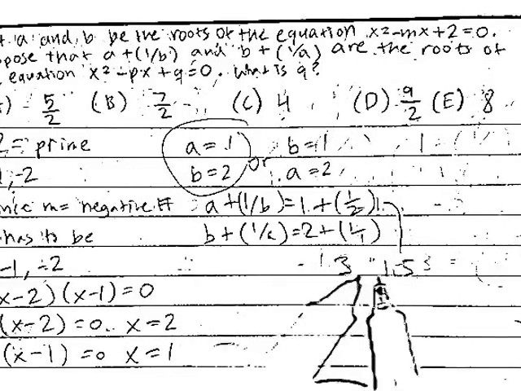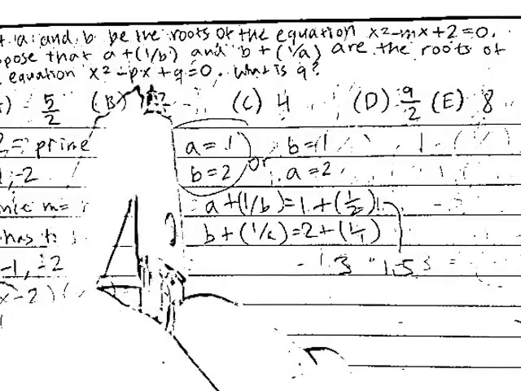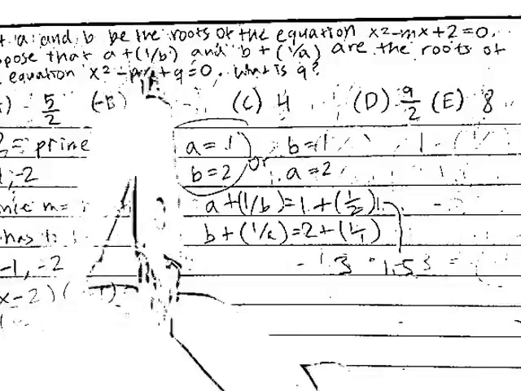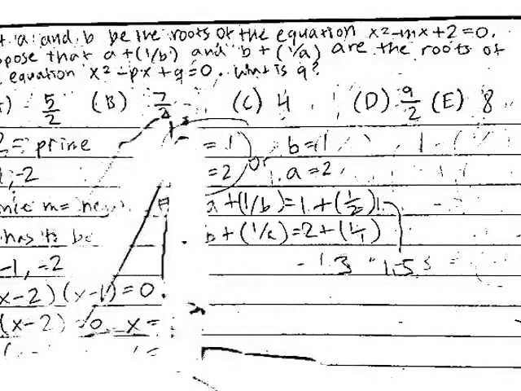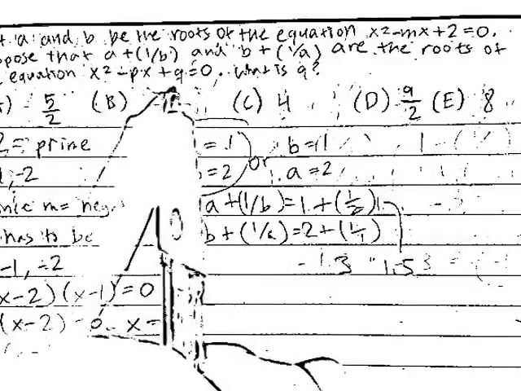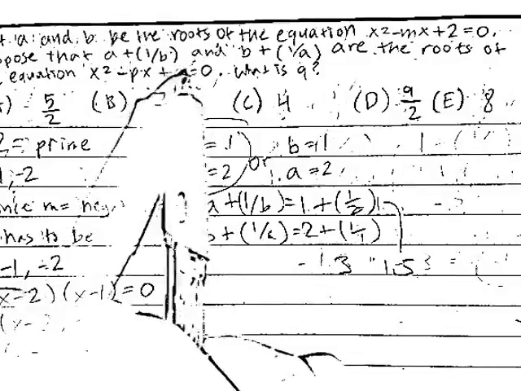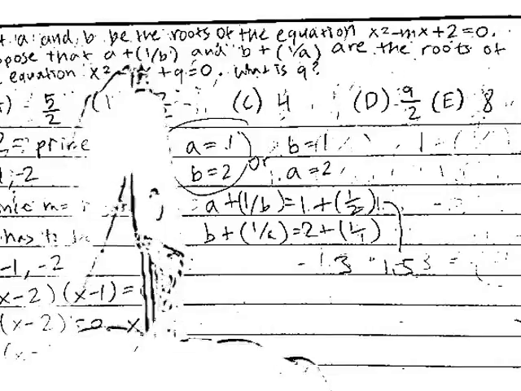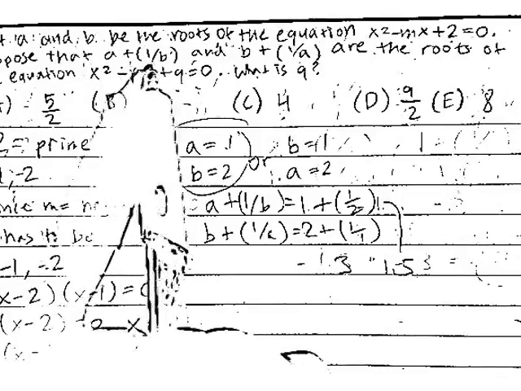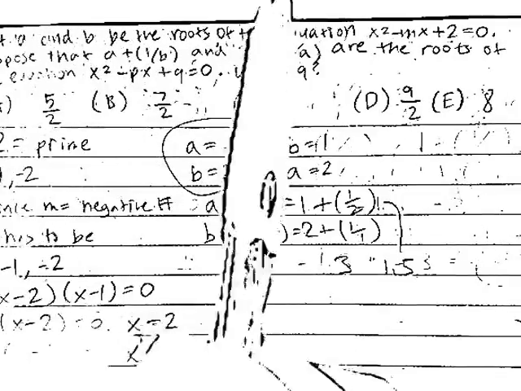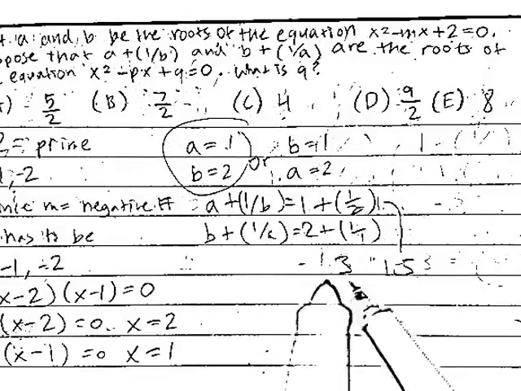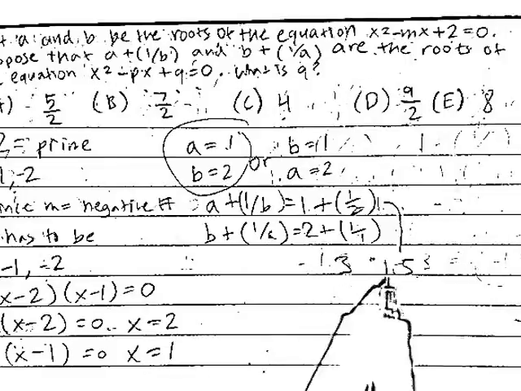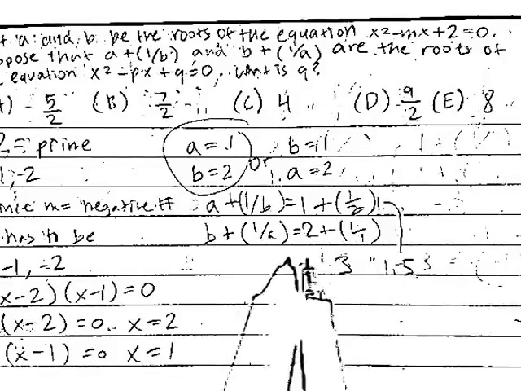So these are the roots of this equation, but now you have to find q. You know that the roots of any quadratic equation multiplied together equals this number, and the roots added together equal this number. So 3 is a positive number, and these positive numbers added together equal a positive number.